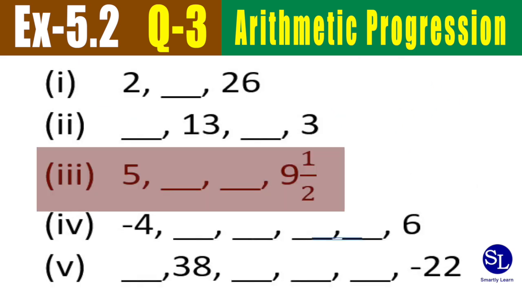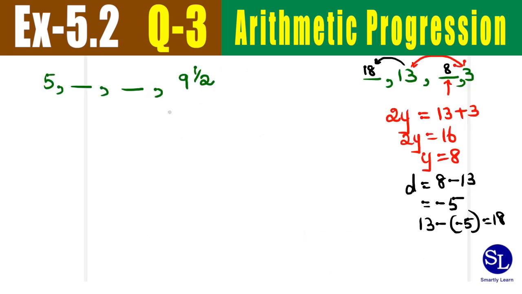Now let us look at the third series: 5, comma, dash, comma, dash, comma, 9.5. Now we need to find out this value and this value. Ideally speaking, in an AP, if the first term is a, the second term is a plus d, the third term is a plus 2d, so the fourth term is a plus 3d.